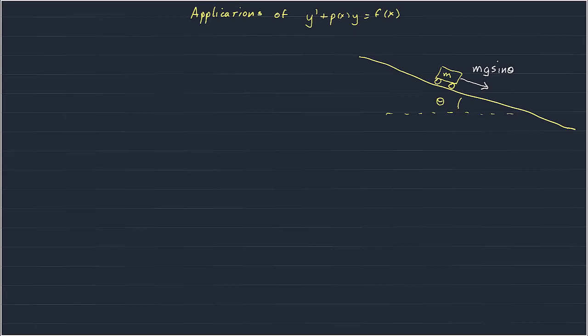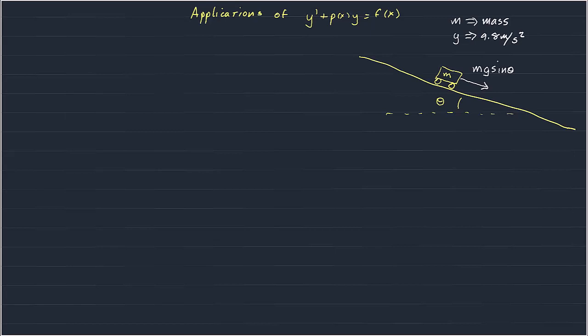So here we have m being the mass, g being 9.8 meters per second squared, the acceleration of gravity, and then we have our angle theta. So that's one force that's pulling it downhill. And of course, as theta gets greater, sine theta gets greater, so that downhill pulling force increases as well.